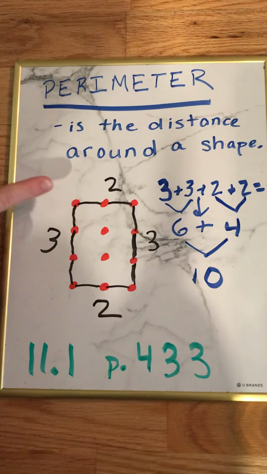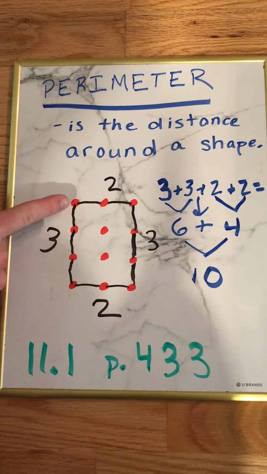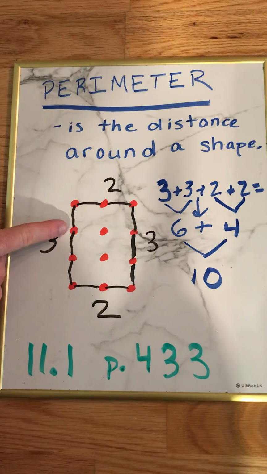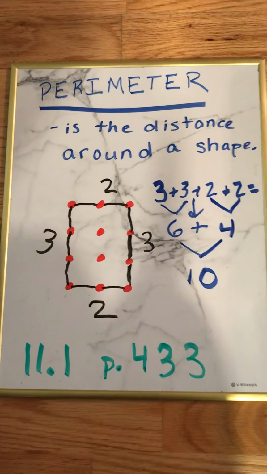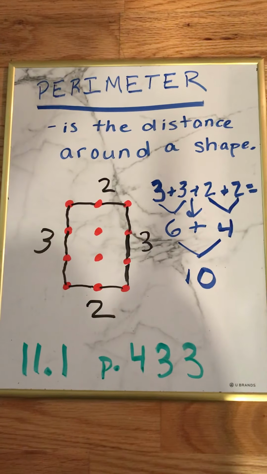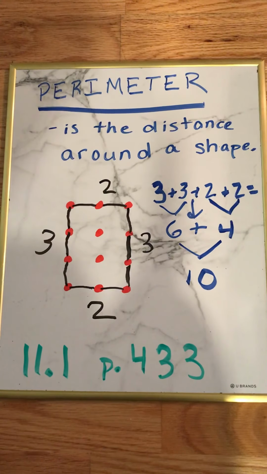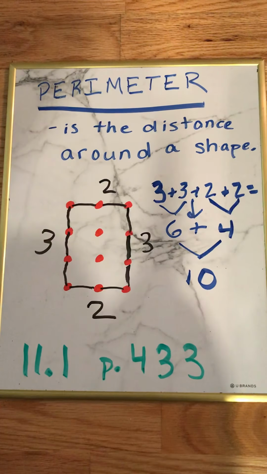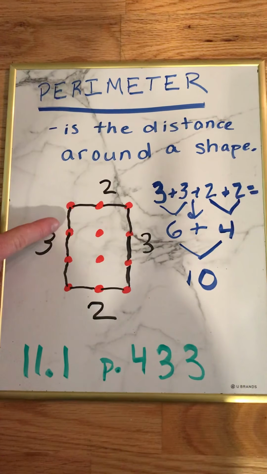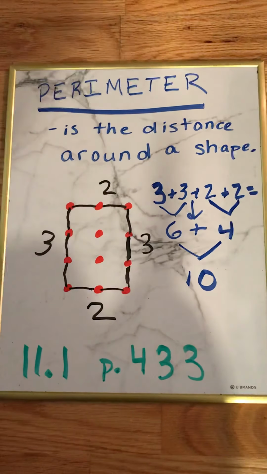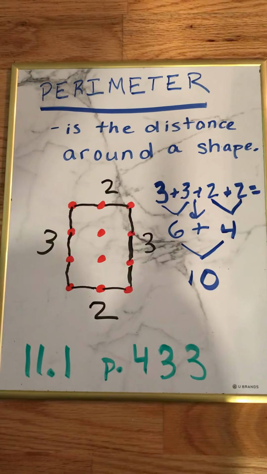Just remember, every time you connect the dot, that is 1. That's going to be a huge factor because some of these are going to get a little tricky. The rectangles and squares are a little easier, but when the shapes get different, remember every time you connect one dot to the other, that is 1. Then you have to add them all up at the end.